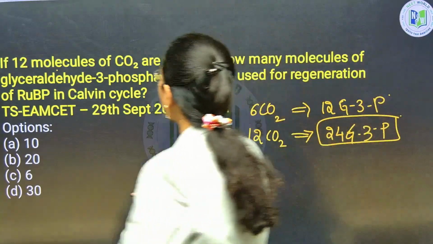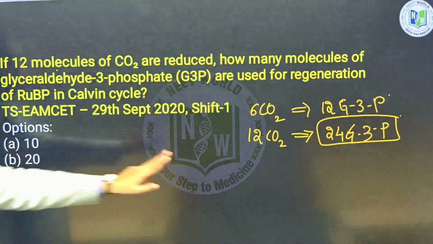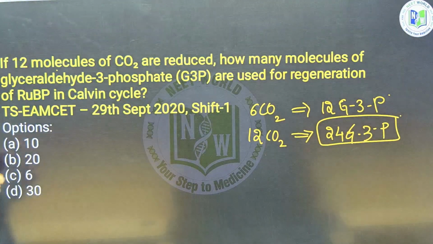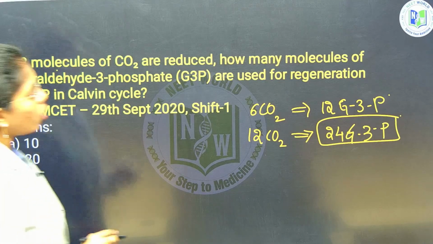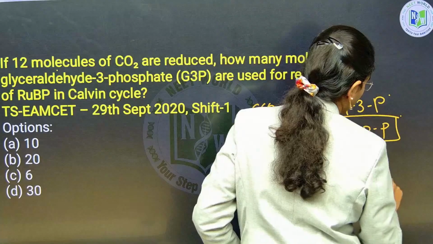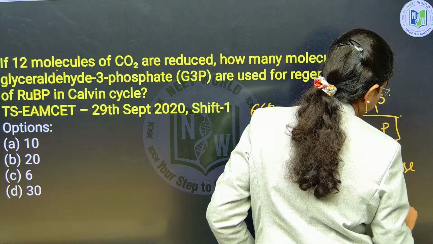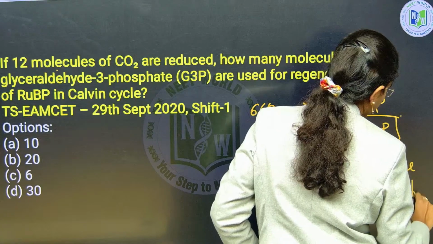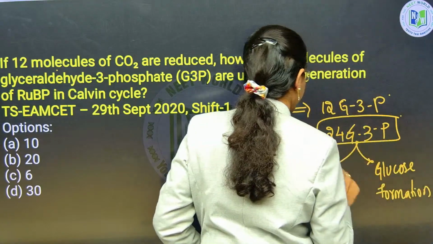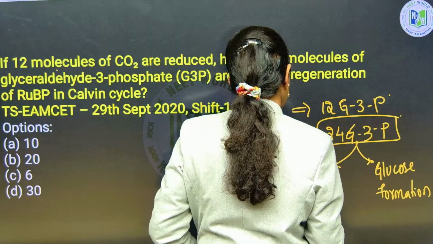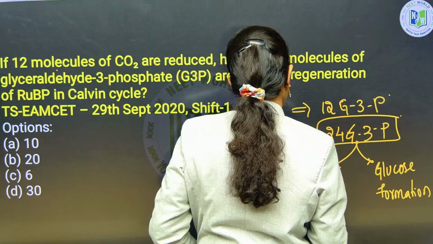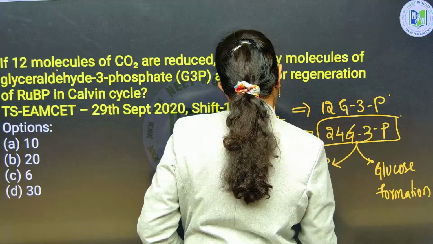Fine. If 12 molecules of carbon dioxide are reduced, how many molecules of G3P are used for regeneration of RuBP? Of the 24 molecules present, 4 will be transferred to glucose formation and 20 G3P for RuBP regeneration.